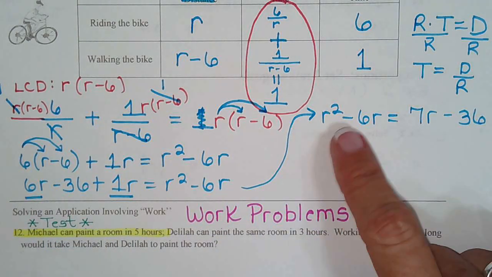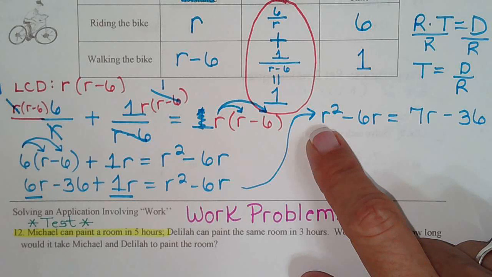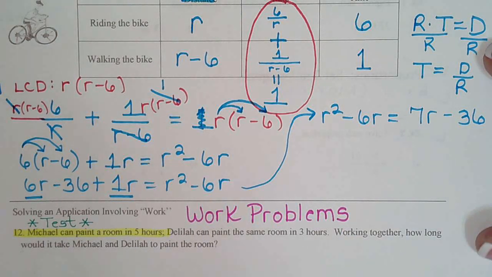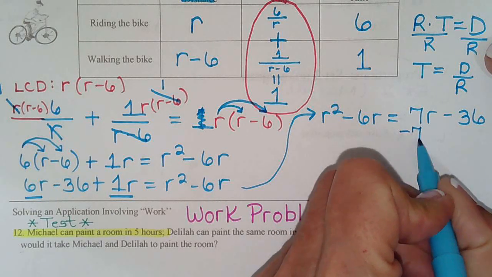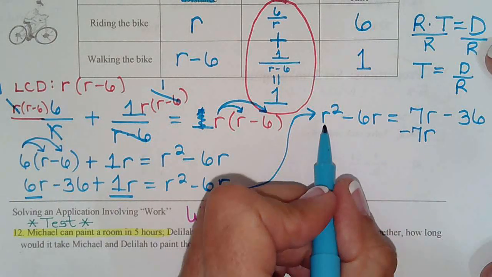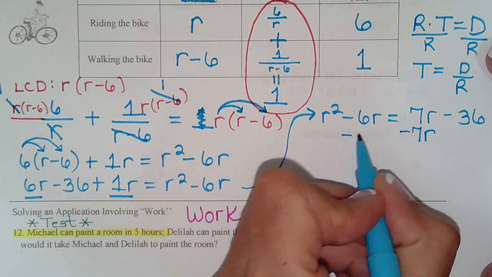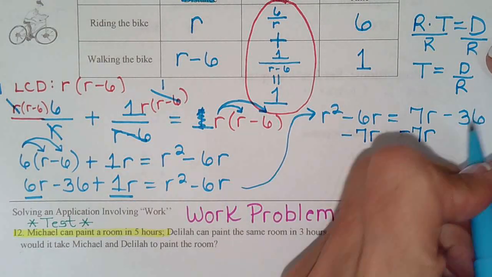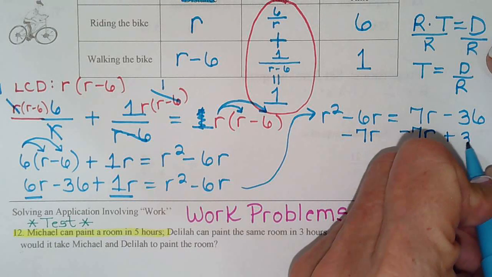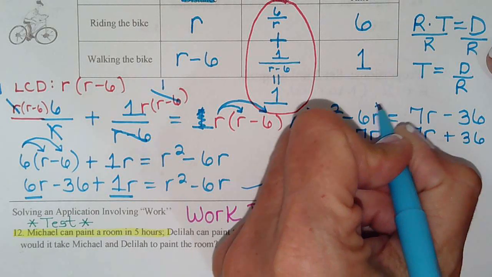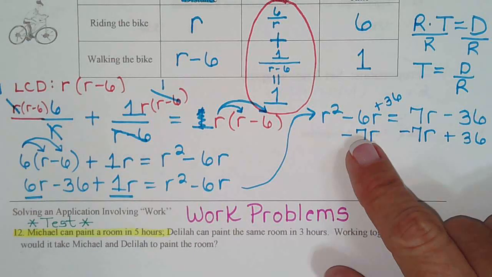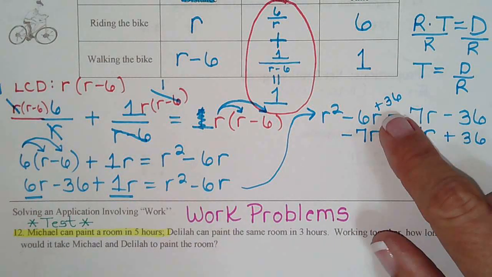So again, this is a quadratic. Quadratics, second degree, require being set equal to 0 so you can figure out your factoring pattern. So everything on this side needs to be brought over by doing the opposite. So subtract 7R, and then I'll go ahead and do this on the same step, plus 36, and then we'll just add that out to the end. So remember, when you bring stuff over, don't forget to do the opposite.